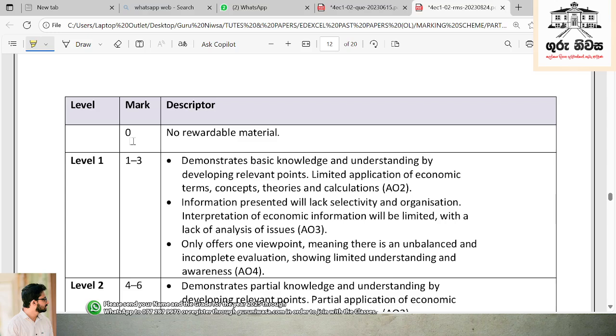Then foreign direct investment: what it means and its advantages and disadvantages, then current account deficit and surplus, what they mean, and the reasons affecting the deficit that we discussed. Then yes, try to complete 2024.